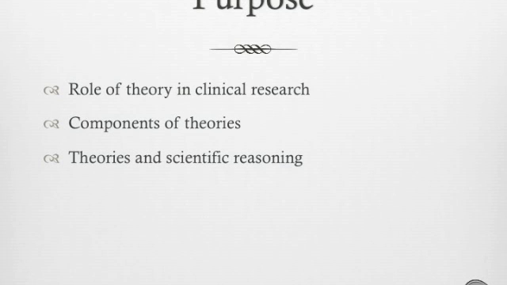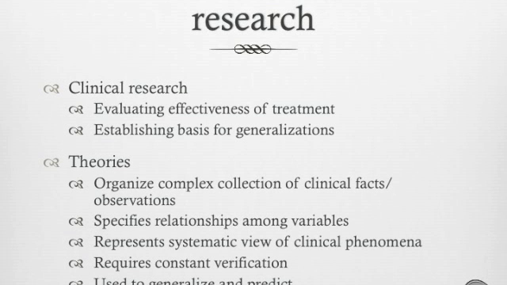Clinical research is a systematic method for evaluating the effectiveness of our treatments. And clinical research is also useful to establish a basis for generalizing about interventions beyond a specific patient or patient group. The ultimate goal is to further intellectual progress by contributing to the scientific base of practice through the development of theory.